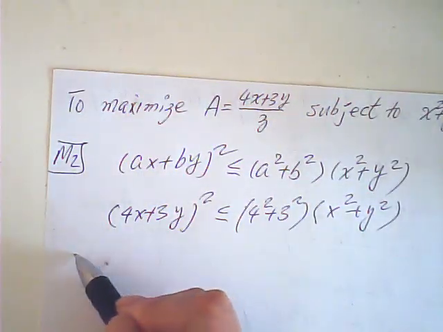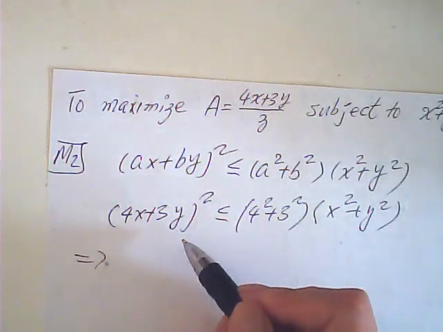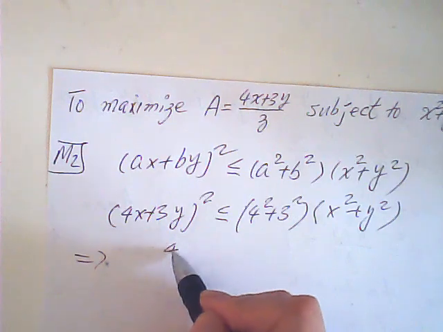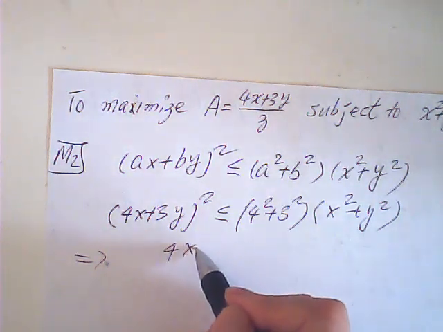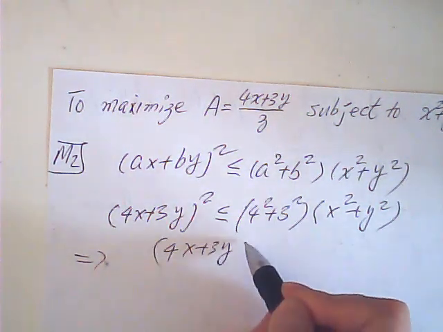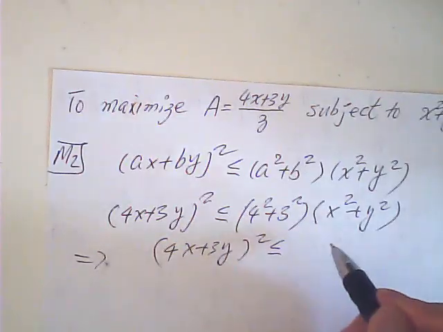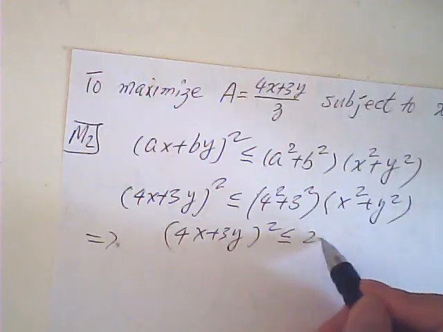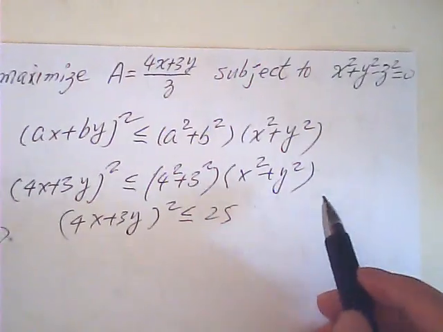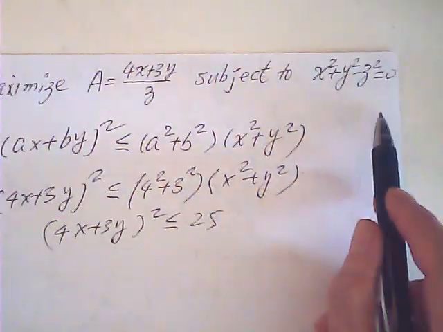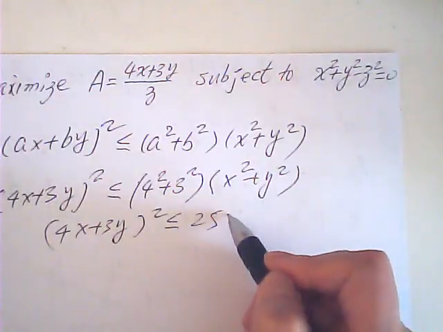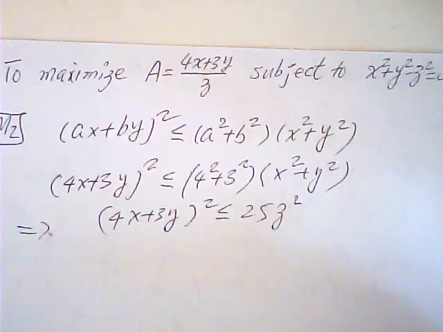So then this means (4x plus 3y) squared is less than or equal to 25 times (x squared plus y squared), which equals z squared. So this is z squared.